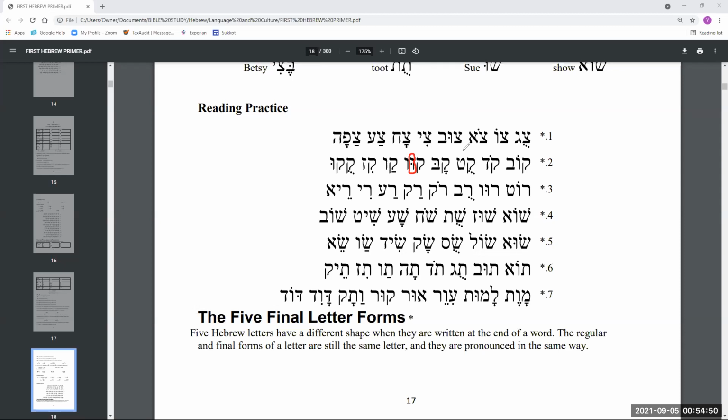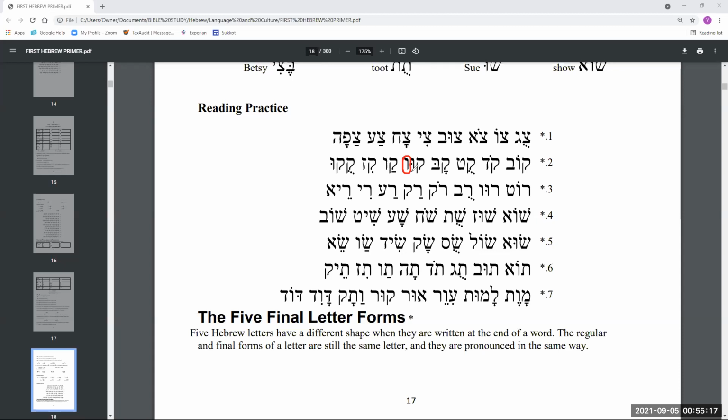We still apply the same rule to a wa or a vav. If it doesn't have a vowel point, it's silent. But don't try to apply that same rule to this shrook.